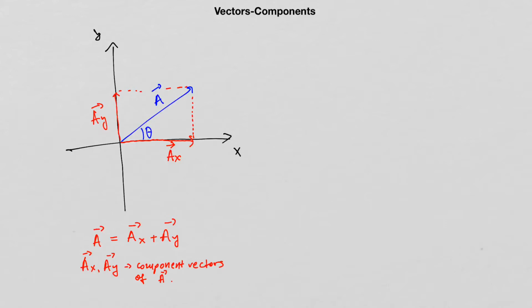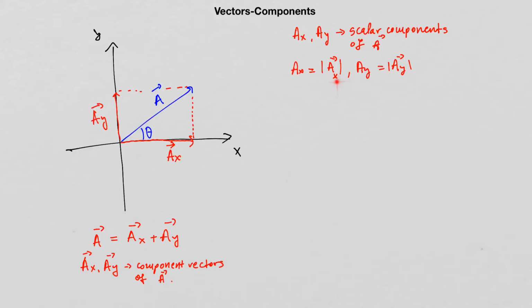The magnitudes of ax and ay are known as the components of A, or the scalar components of A, where ax is the magnitude of the vector component ax, and ay is the magnitude of the vector component ay.